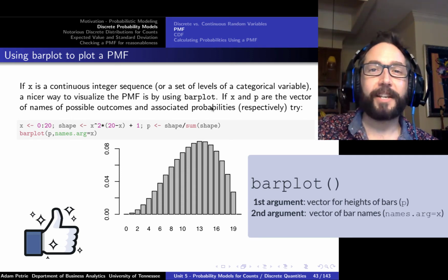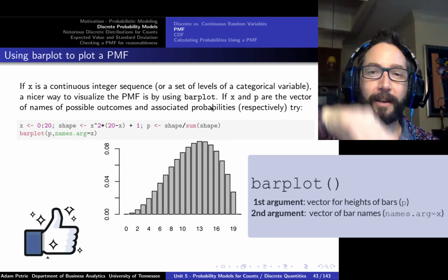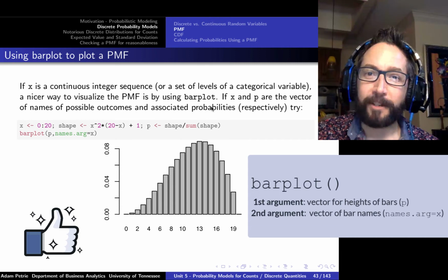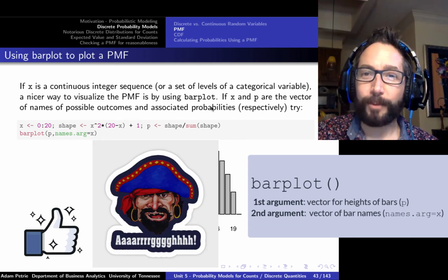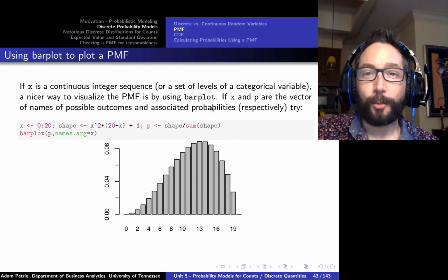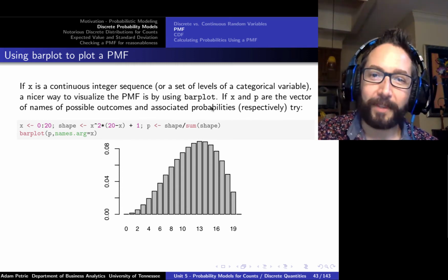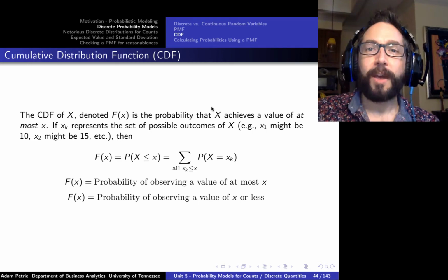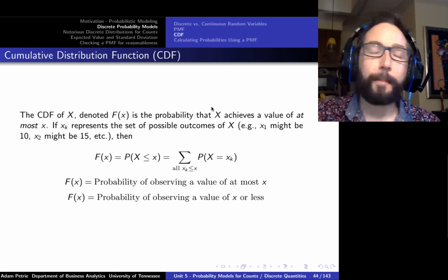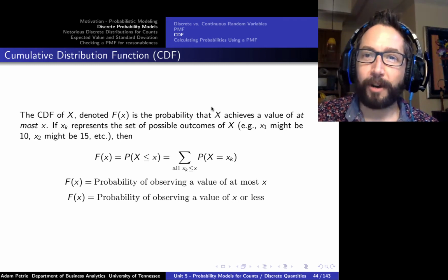That first argument is going to tell you the heights of those bars, and so they'll go up to the probabilities of each of those outcomes. The second argument, you're going to say names.arg equals x. The names.arg argument just labels each of those bars, so we're going to label the bars after the value that they represent.